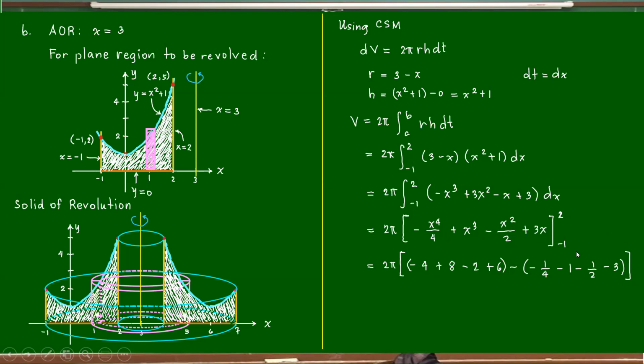Minus, at the lower limit, when x is -1, so this is -1/4, -1, then -1/2, -3. So this gives us 8, while this one, -19 over 4. Getting the difference, multiplied by 2 pi, we get 51 pi over 2 cubic units. So that's the volume of this solid.